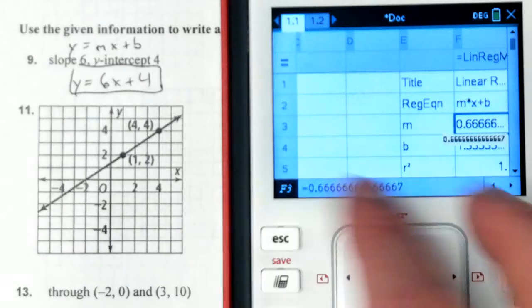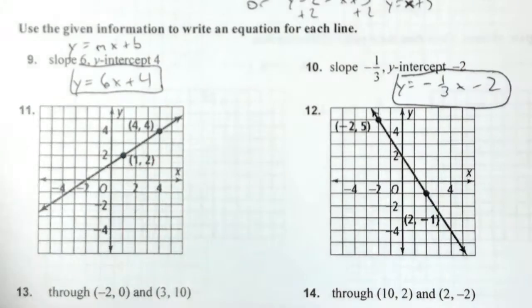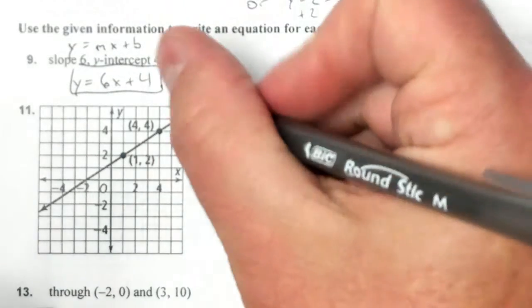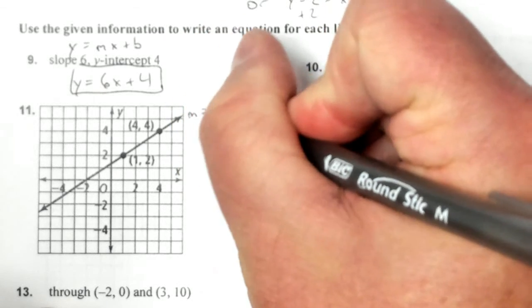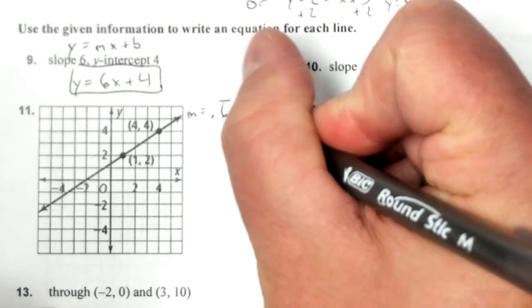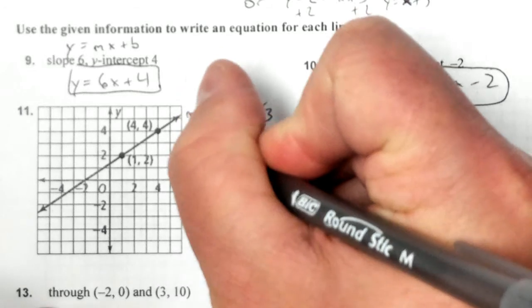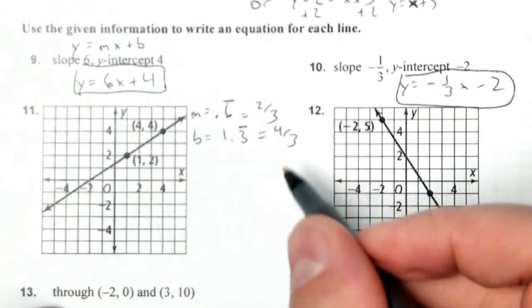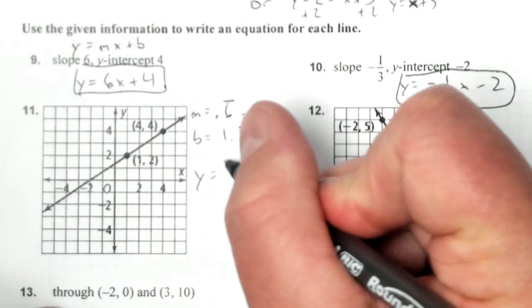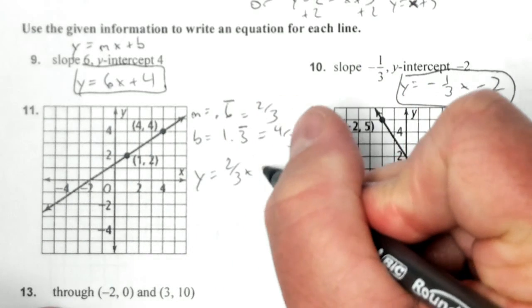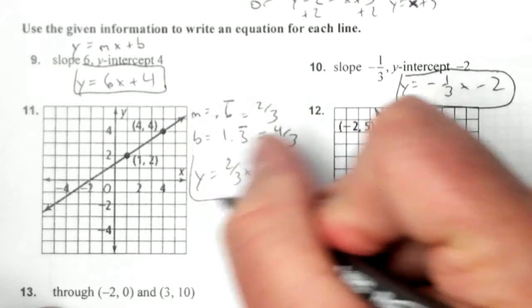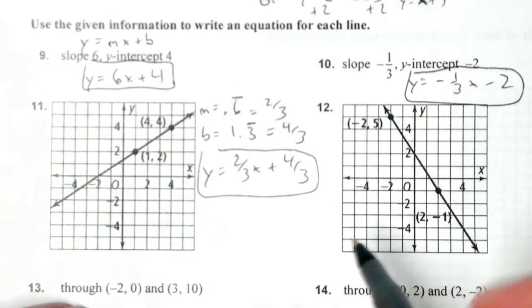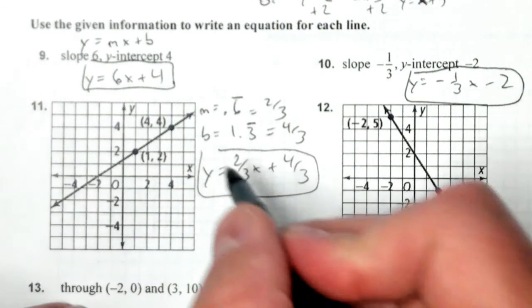If you needed to copy those in and convert it, you can, but basically we have 0.6 repeat, which you know is 2/3, and we have 1.3 repeat, which is 4/3, and so our equation is y equals 2/3 x plus 4/3. Don't forget that the x has to go with the slope.